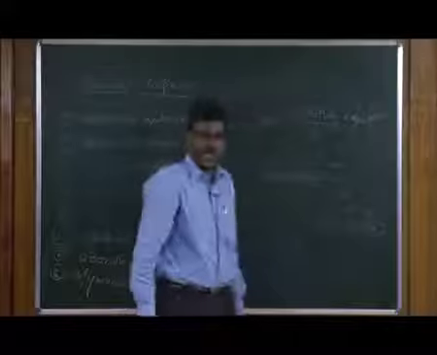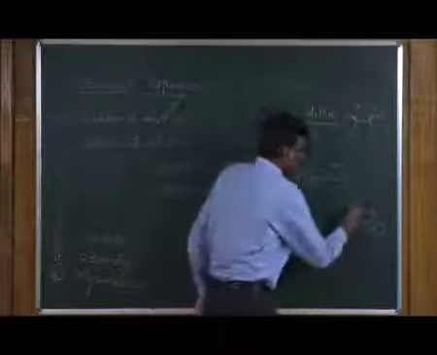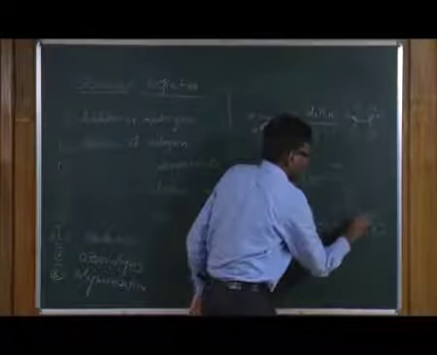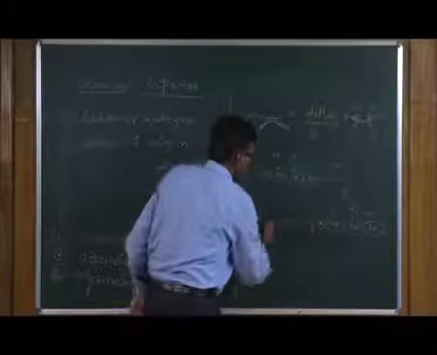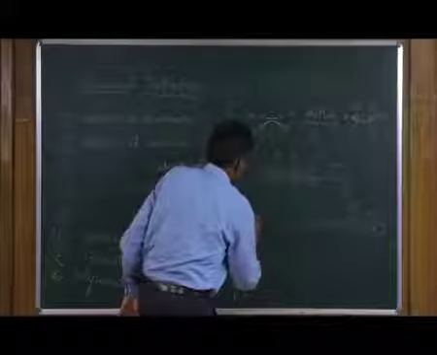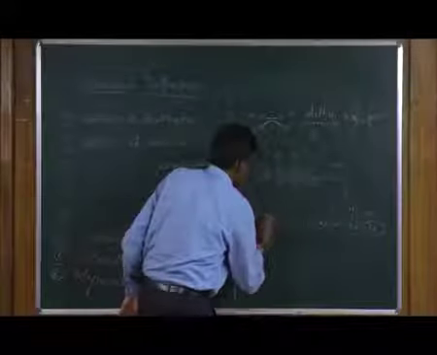You have the alkene here. Now, the hydrogen adsorbed on the metal surface can be transferred to the alkene, and you will get the metal alkyl intermediate.